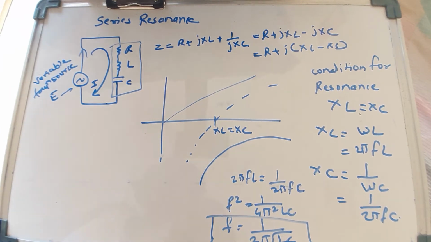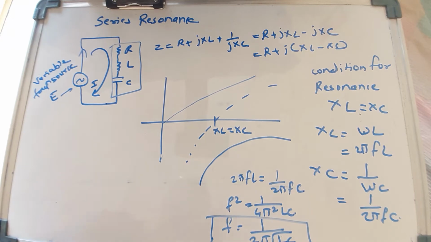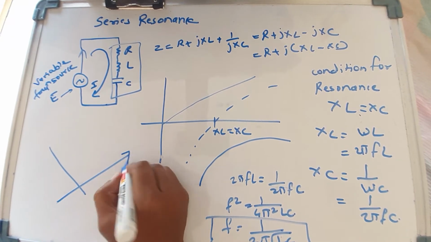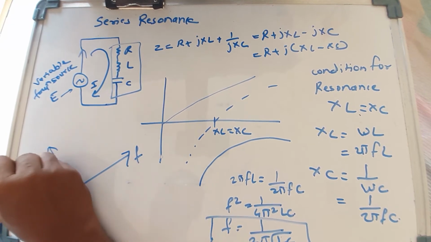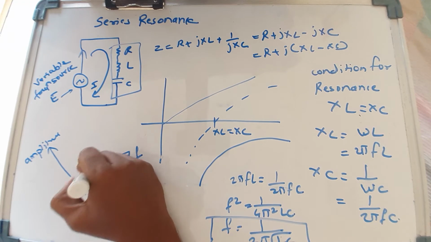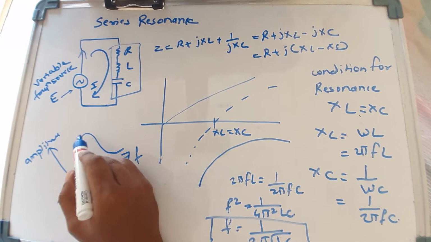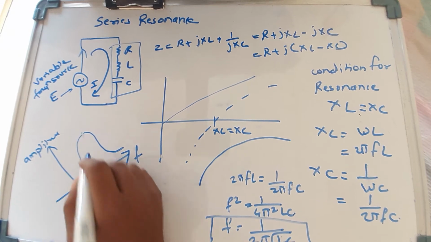The question arises: what is resonance? Resonance is basically where we get the maximum amplitude or maximum peak signal, the frequency at which we get the maximum amplitude signal. For example, this is the frequency versus amplitude graph, where we get the maximum signals.